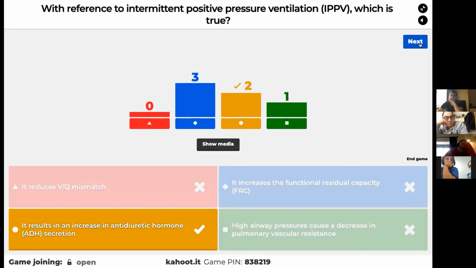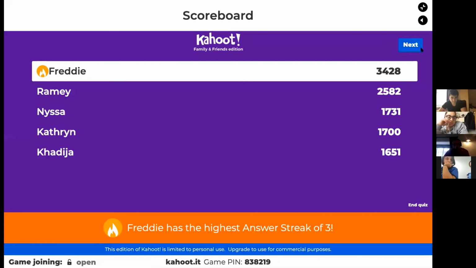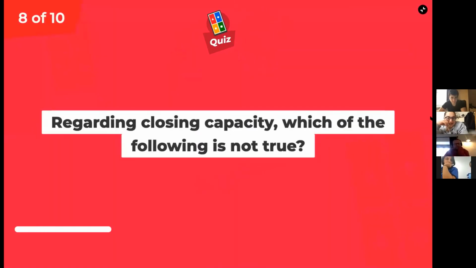Again, high airway pressures don't really affect your pulmonary vascular resistance so much, because you're oxygenating those areas. So out of these 3 or 4 even, the correct answer is the third one. So, ready. Right. Now, next question.